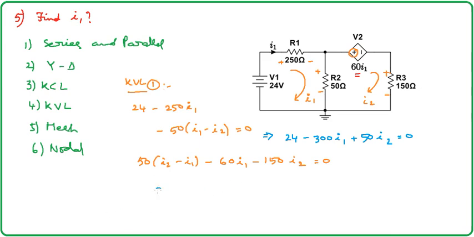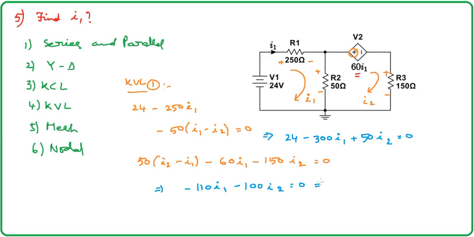The second equation will be minus 60 I1 minus 50 I1, so it will be minus 110 I1, and plus 50 I2 minus 150 I2, so it should be minus 100 I2, equal to 0.